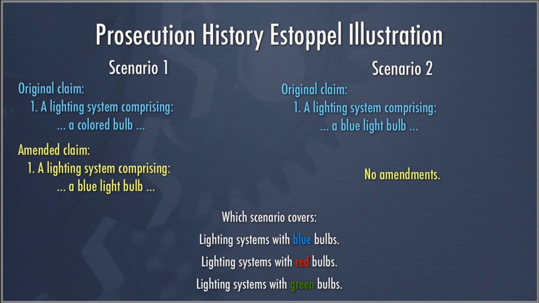Here, when I amended my claim from colored bulb to blue light bulb, how much scope coverage did I give up? Did I give up only the red bulbs that were in the prior art, or did I also give up everything that wasn't blue? And the Federal Circuit decided in its Festo case that the patentee would be deemed to have given up everything other than blue.